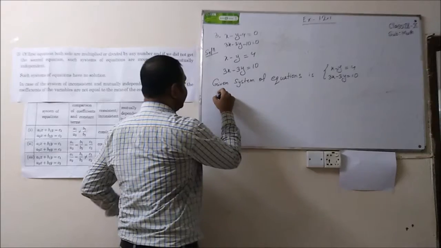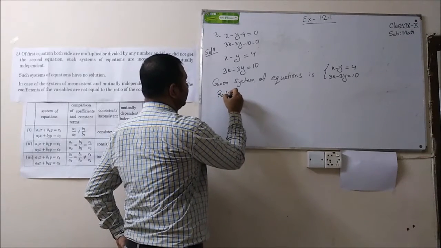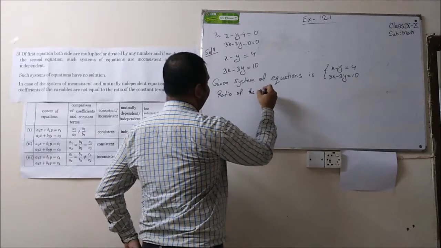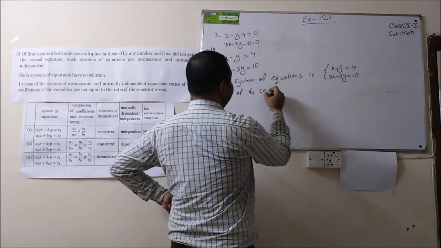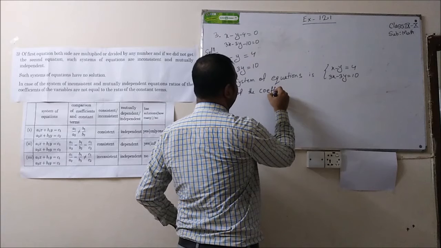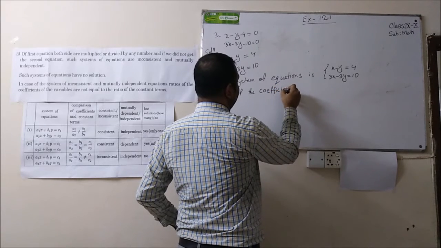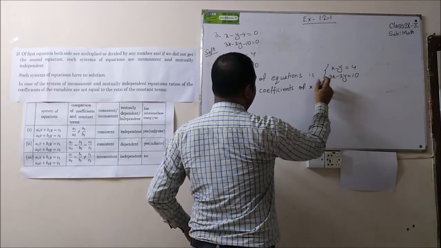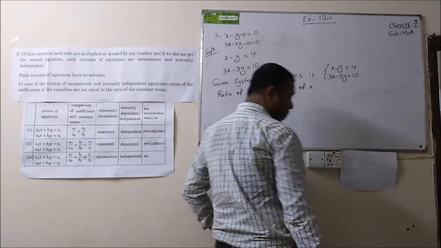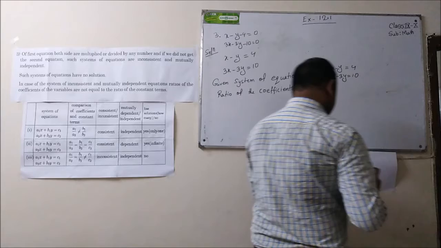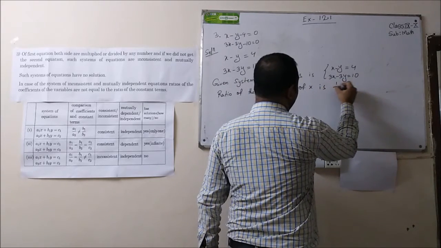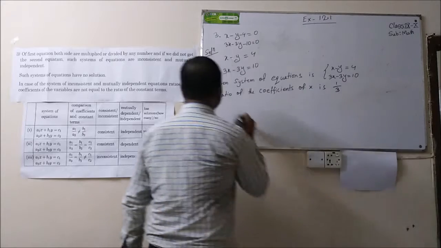So the ratio of the coefficients of x is 1 by 3.